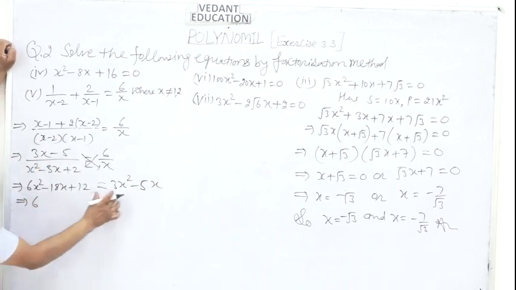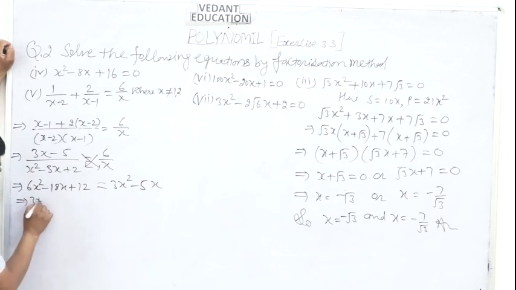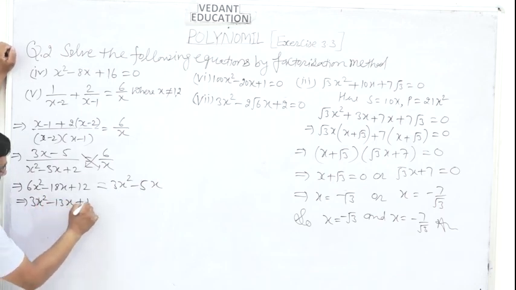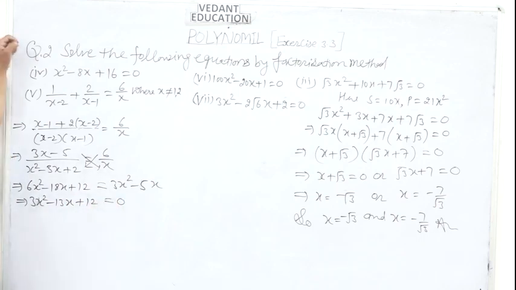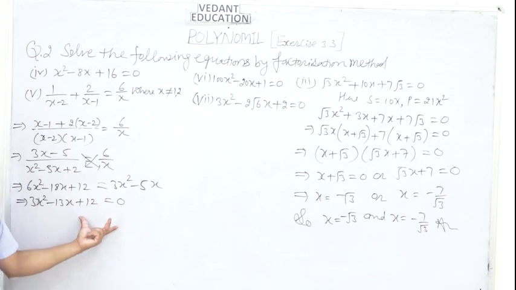That is 6x square minus 3x square is equal to 3x square, minus 18x and plus 5x is minus 13x, plus 12 is equal to 0. So by simplification, first we change into a quadratic equation.